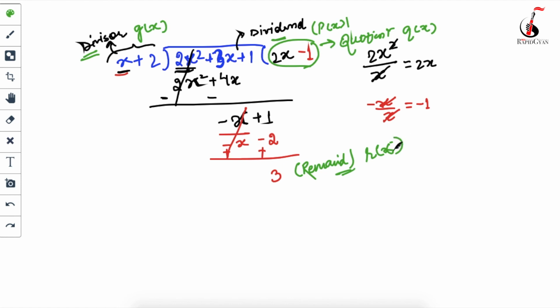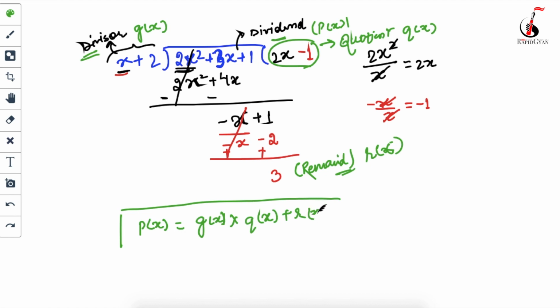Can I write that p(x) is equal to your divisor g(x) multiplied by your quotient q(x) plus r(x), correct? This we can write. So this is your division algorithm.